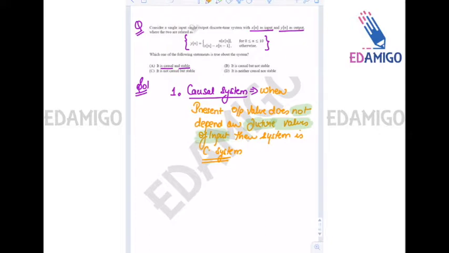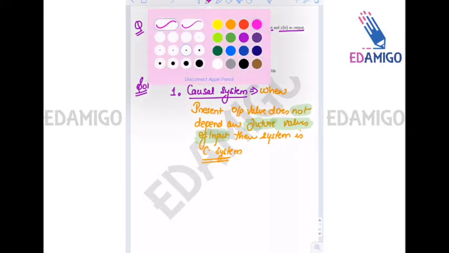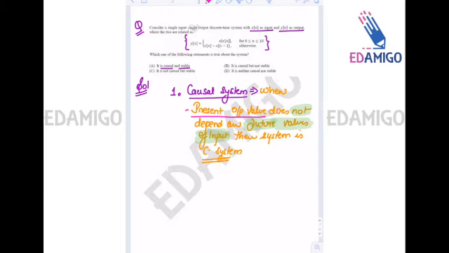The present output can depend on past input and/or present input. The only thing is it cannot depend on the future values of input. So it can depend on past input and present input, not on the future input values.